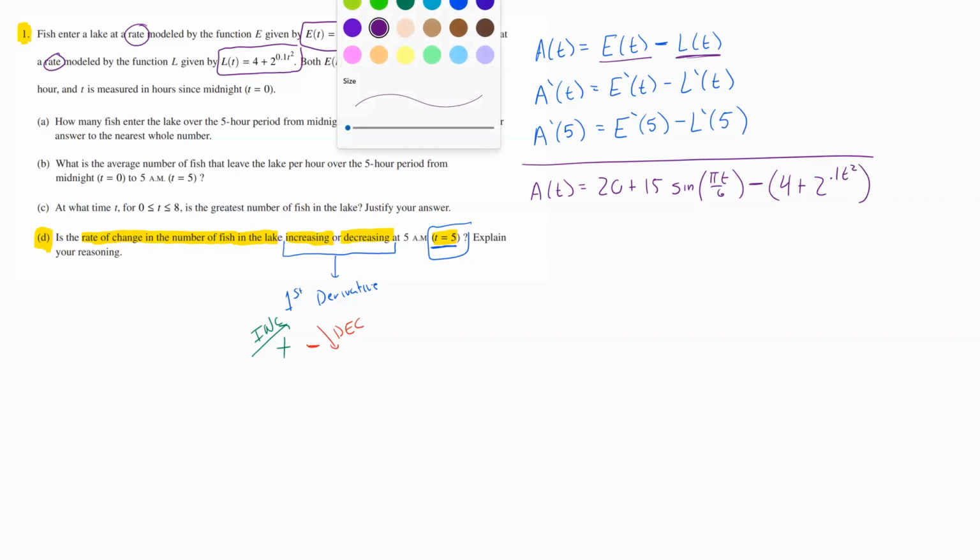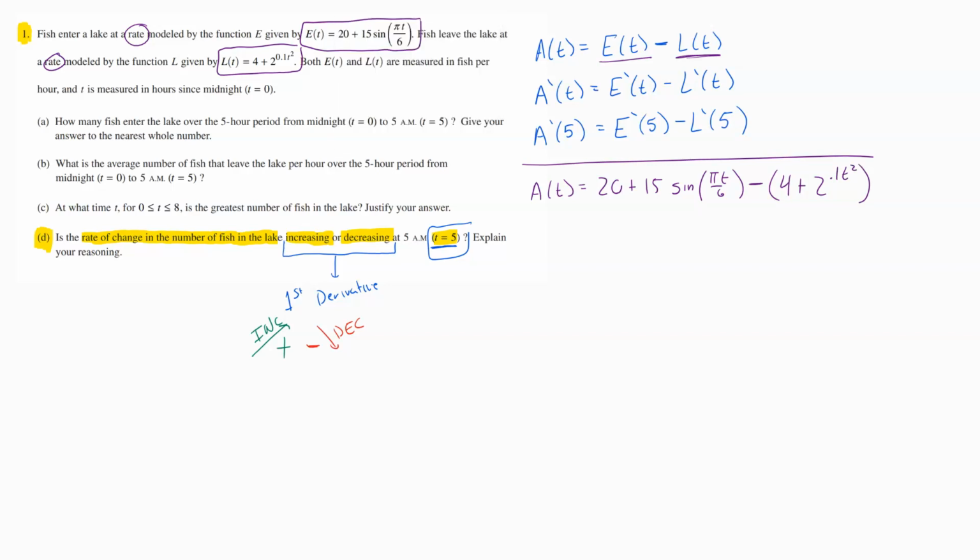When we do this, we need to find out what the derivative value is at 5. And conveniently, we can do that in our calculator. So in y1, we're going to put our full equation here for the total amount's rate of change. So then minus parentheses 4 plus 2 to the 0.1 t squared. Then from there, you'll go ahead and graph that.